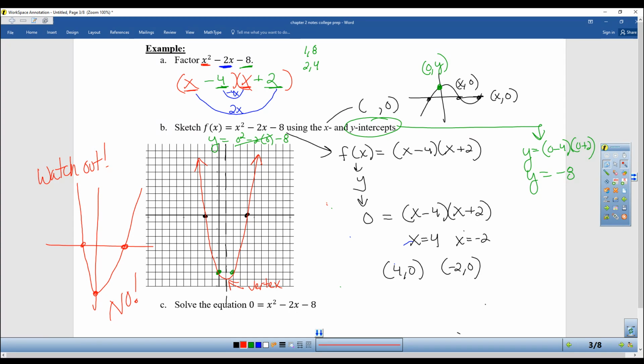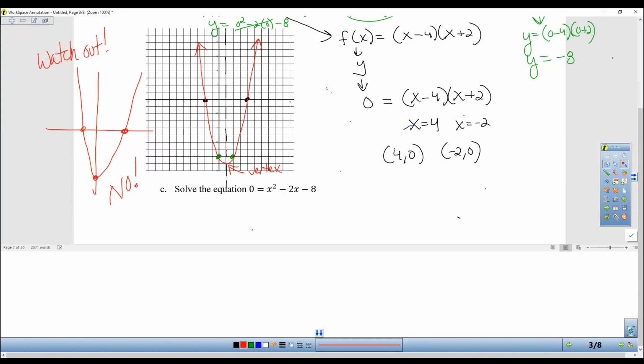So the third thing I want you to see is you've learned how to sketch, you've learned how to factor, and you've learned how to solve equations. All these concepts are intermingled. If somebody just said, solve the equation, 0 is equal to x squared minus 2x minus 8, what would you do?